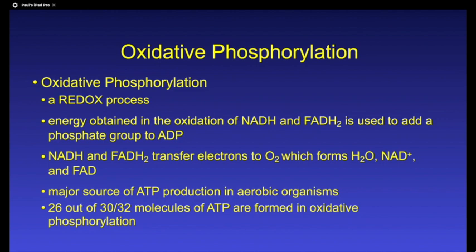Oxidative phosphorylation, an aerobic process, can create the largest amount of ATP, and we're going to get 26 out of either the 32 or 30 molecules of ATP that are formed by oxidative phosphorylation. I will tell you why we have either 30 or 32 later in this chapter, and it's important to know.